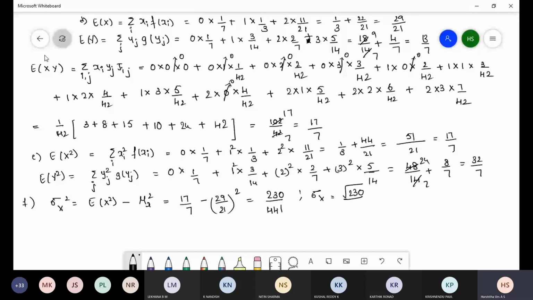Sigma y square is E of y square minus mu y square. 32 divided by 7 minus, here also 13 square is 169 divided by 49.